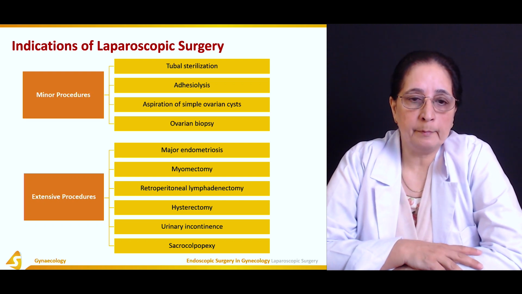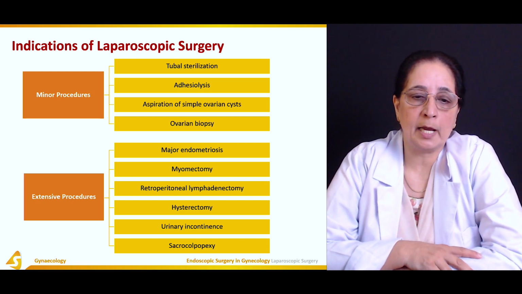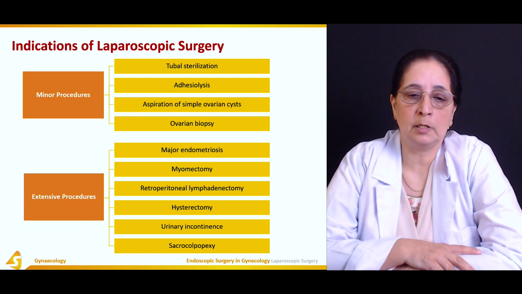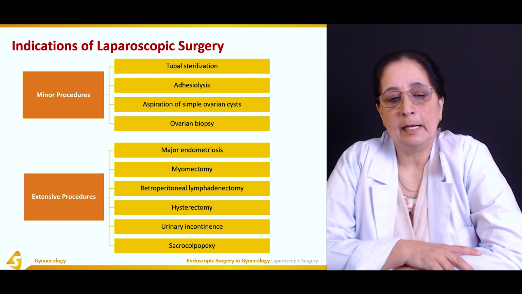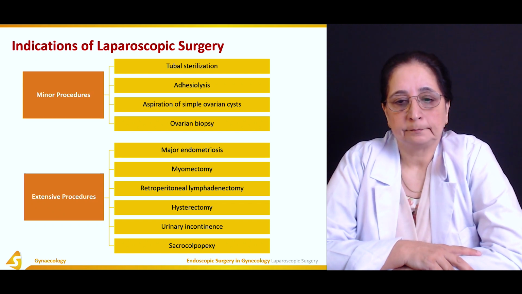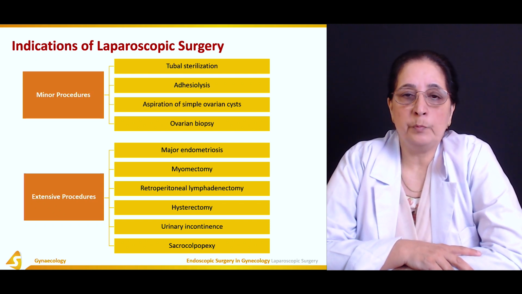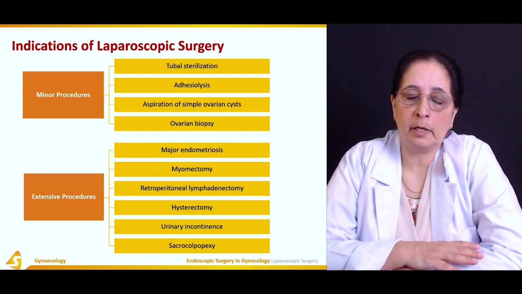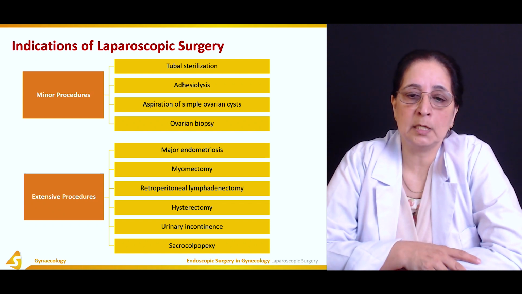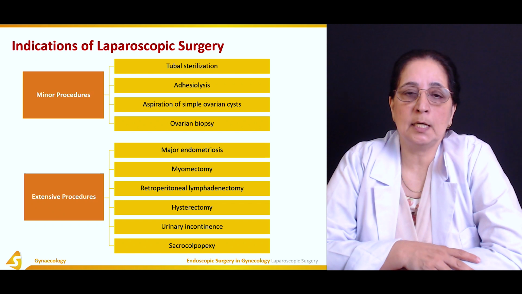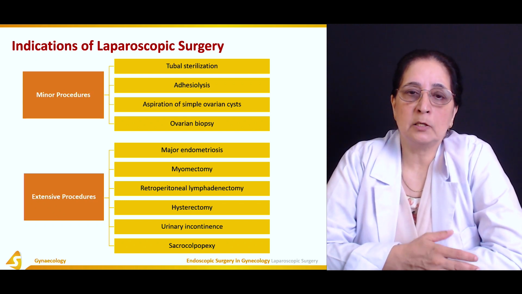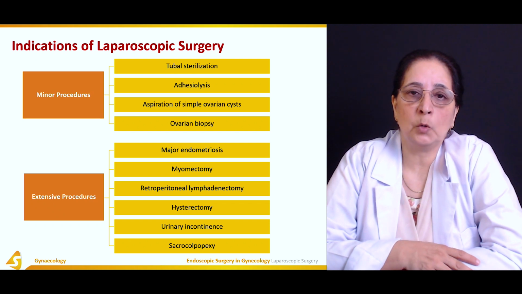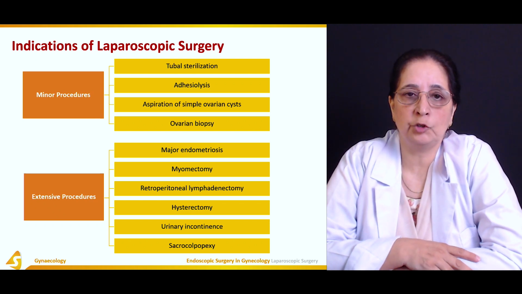Besides those minor surgical procedures, we have some extensive surgical procedures that can also be performed by laparoscopic surgery, which include endometriosis, so removal of endometriosis. Endometriosis is the presence of endometrial tissue outside the uterus.